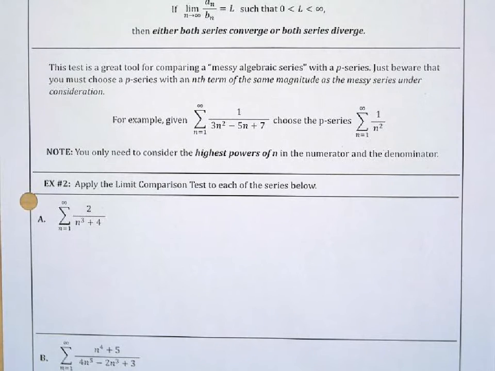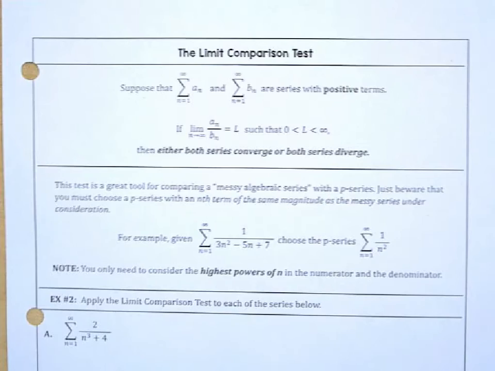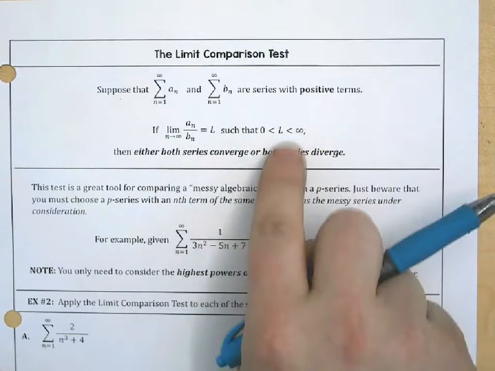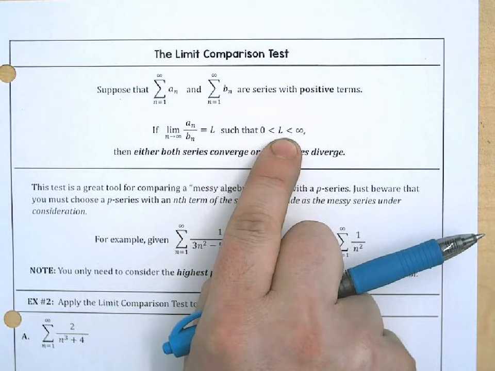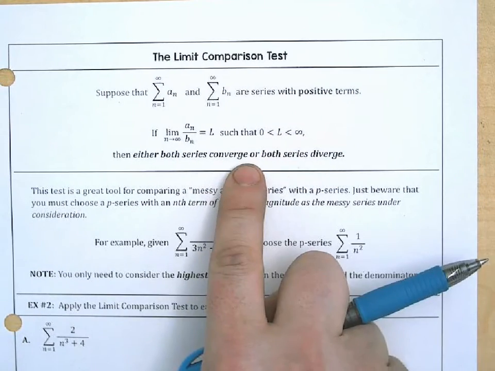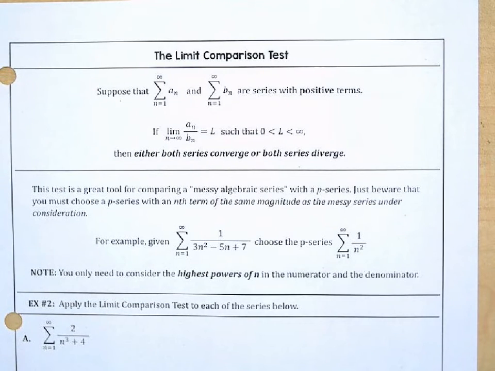Okay, so let's apply the limit comparison test. What the limit comparison test lets us do is compare this to a series that we know about, and if a positive number pops out, then the series does whatever the other series does. The limit one is really strong because I don't have to do any greater than or less than.